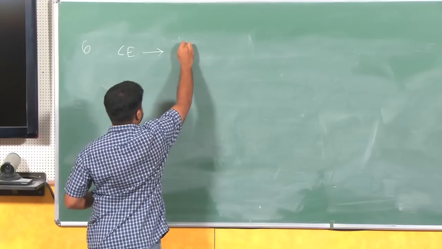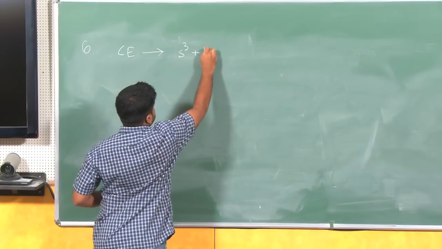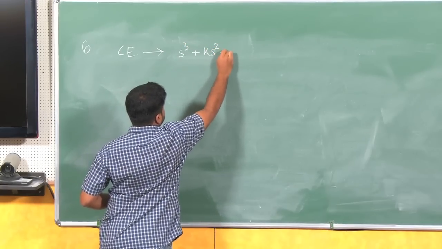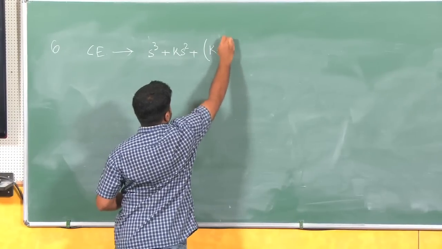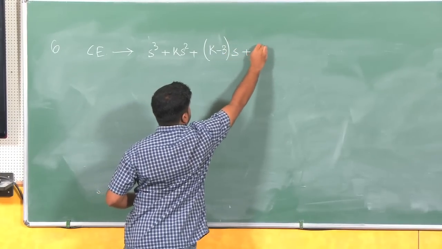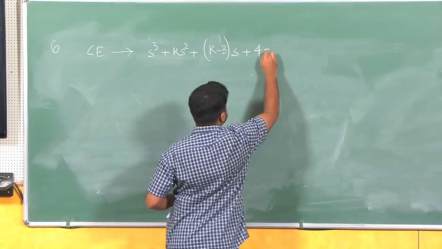is s to the power 3 plus k s square plus (k minus 3) s plus 4 is equal to 0.